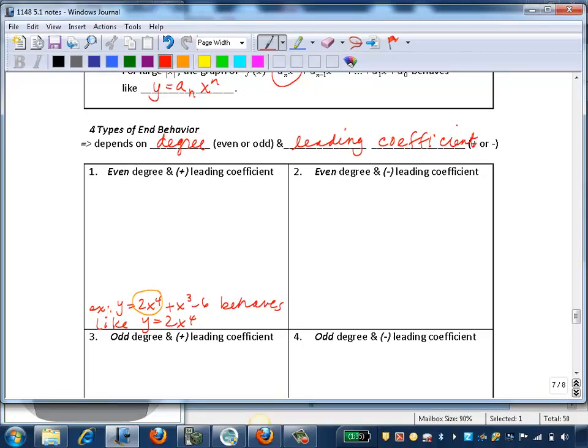We can't say anything about the middle. So this function, we can say then, it's going to look like a 2x to the fourth function. So remember, an x to the fourth, we learned about our even degree power function, so we know that's going to be parabolic. So it turns out this 2x to the fourth plus x cubed minus 6 is just going to look like a parabola on the ends.